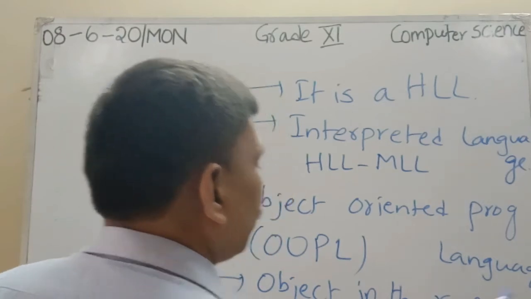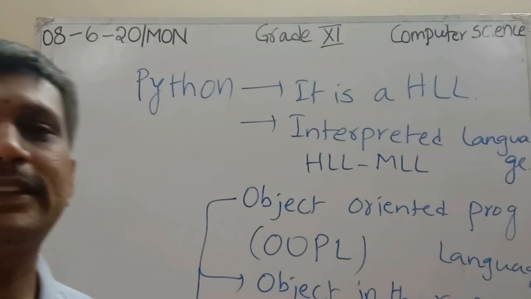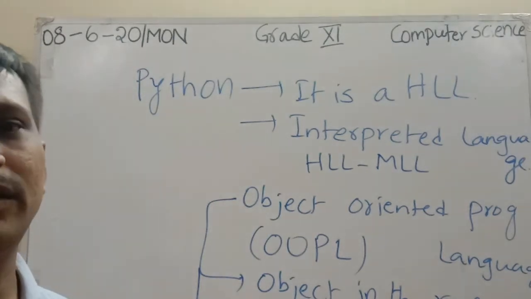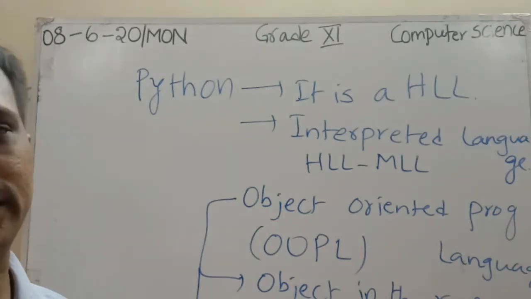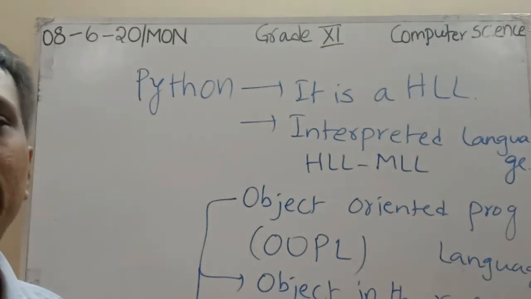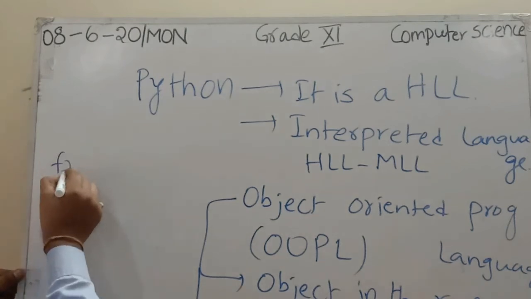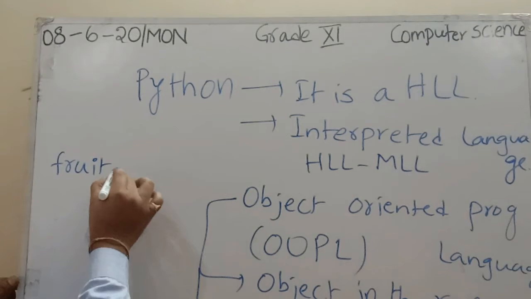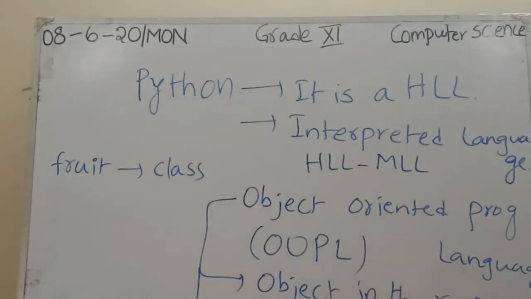So what is meant by an object and what is meant by a class? A class is an abstraction of a collection of objects, but one object is an example of a class. For example, fruit. Fruit is a class. We are not defining any particular fruit. It consists of some characteristics, like sweet.